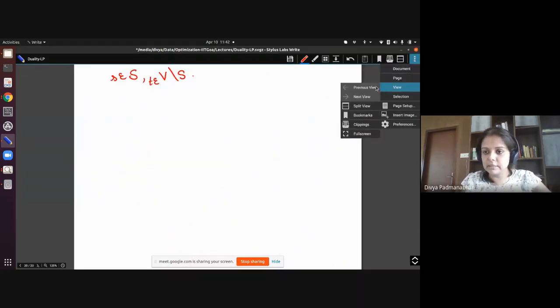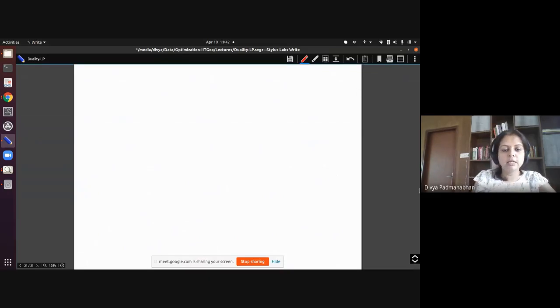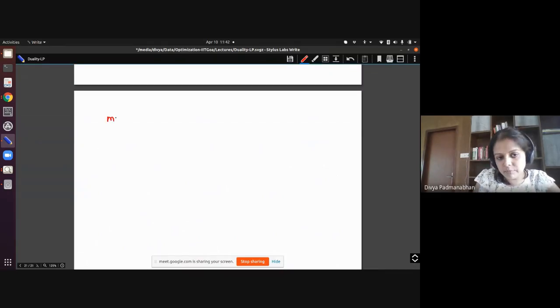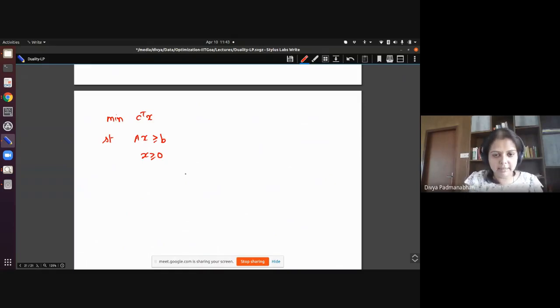So suppose you have a linear program, something like Ax greater than or equal to b, x greater than 0. We are not very particular at this point about the inequalities or whether it's a max or min form. I'm just going to look at this matrix A, the constraint coefficients, which you can write as a matrix.